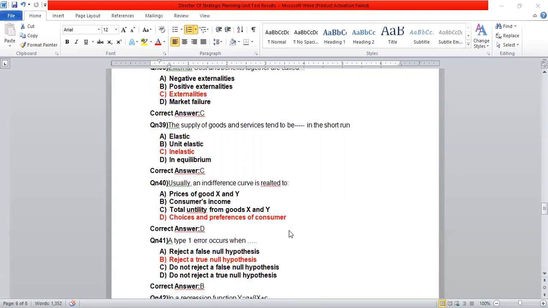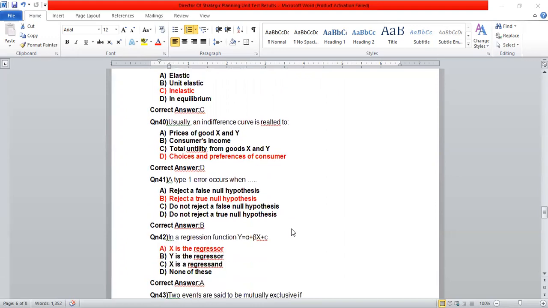Question 41. A type 1 error occurs when one rejects a true null hypothesis. Question 42. In a regression function, y equals a plus bx plus c, x is the regressor, or x is an independent variable.